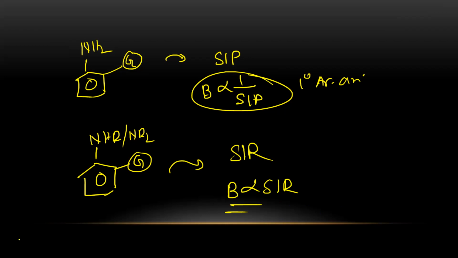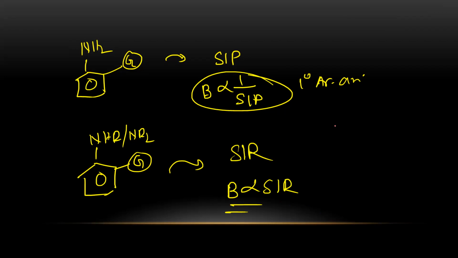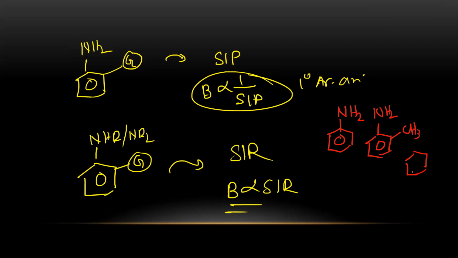Now, if I give one question for practice, let's write the question: NH2, NH2CH3, NHR, CH3, and the fourth one is NR2, CH3.